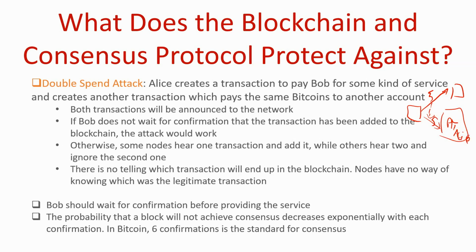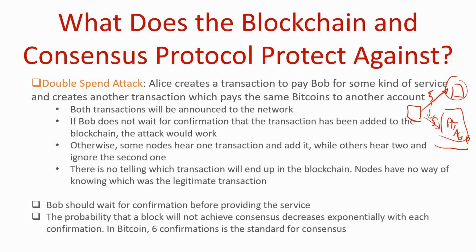Now let's see if this attack will actually work. Let's say that the first transaction where Alice transferred 5 Bitcoin to Bob is broadcast in the network. Some nodes receive this transaction and include it in their block. The other transaction that Alice broadcasts is also in the network, and other nodes may receive it.